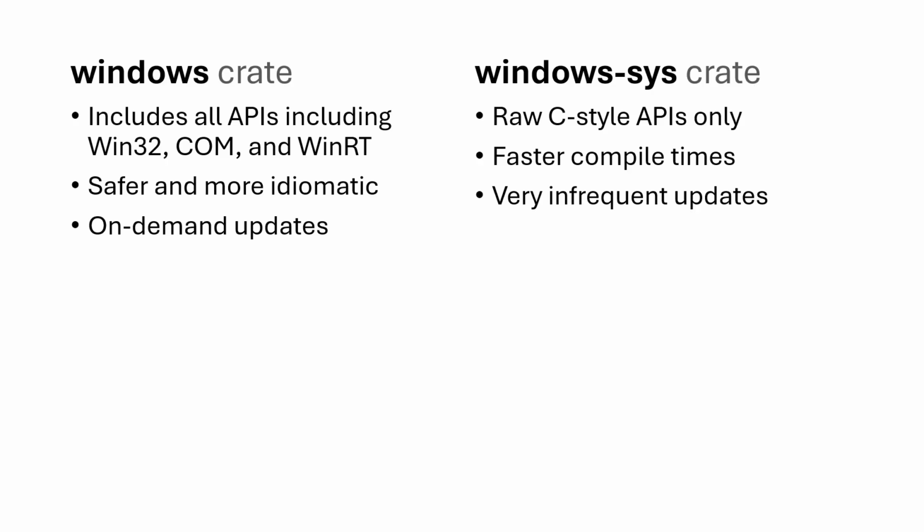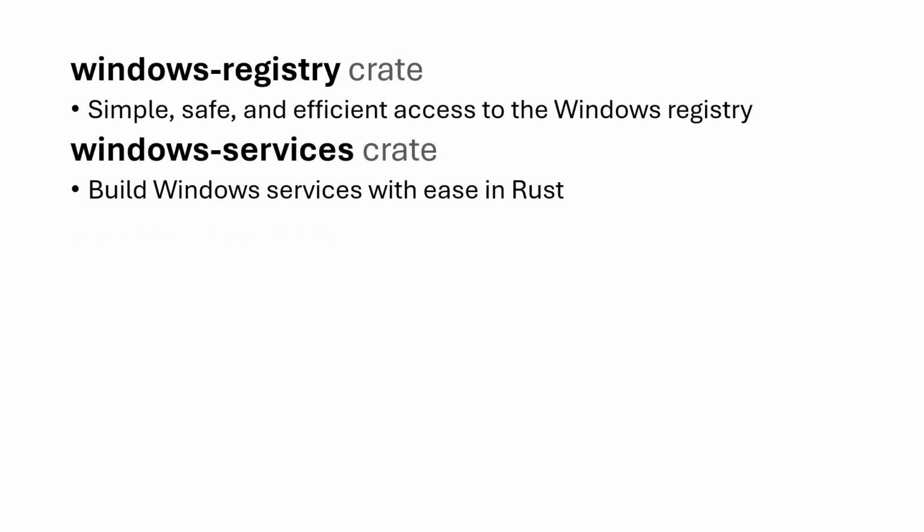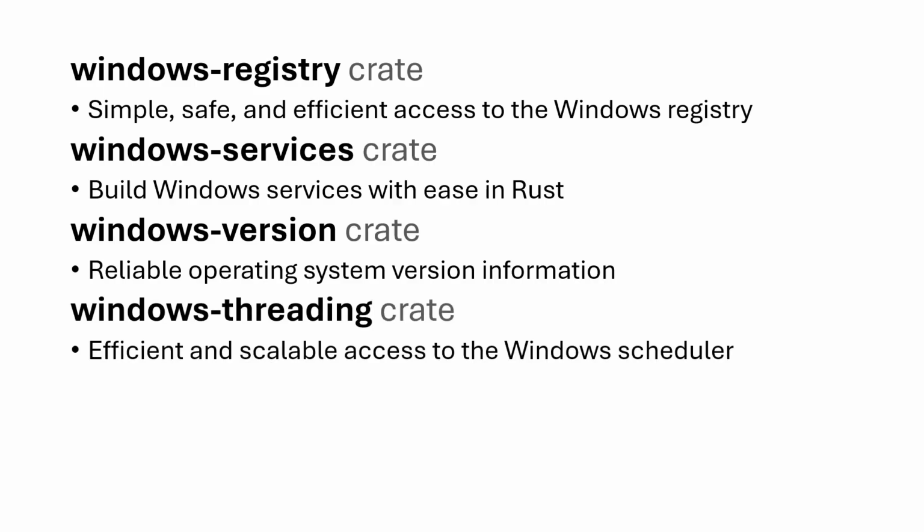They're quite large and they are necessarily generated from metadata. So there is only so much they can offer in terms of safety and ergonomics or an idiomatic programming model familiar to Rust developers, not to mention practical versioning stability. Enter some of the more focused and hand-authored crates that provide access to very specific APIs and programming models.